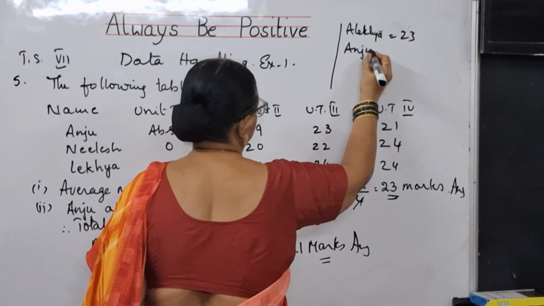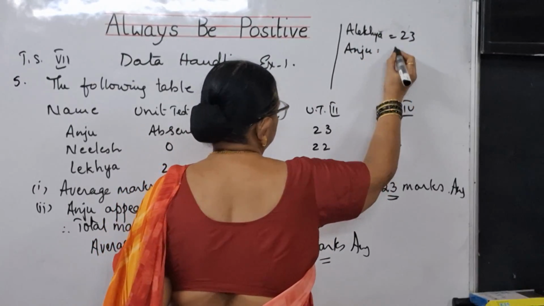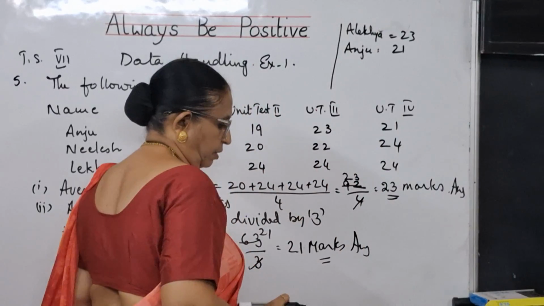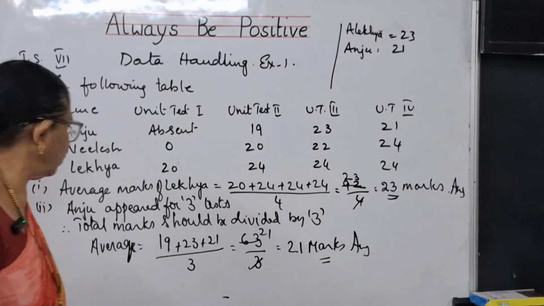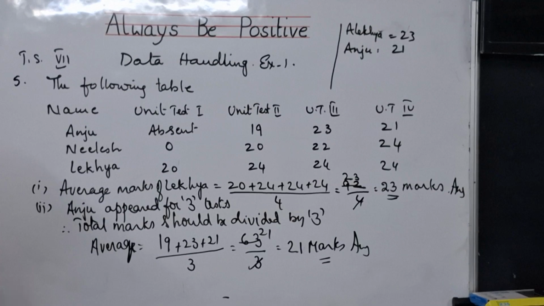Anju got 21 marks. So this I may need for the other bit answers. So please copy second and third bit. Fourth and fifth I'll be doing now. That's first and second if you copy, third and fourth I'll be doing.